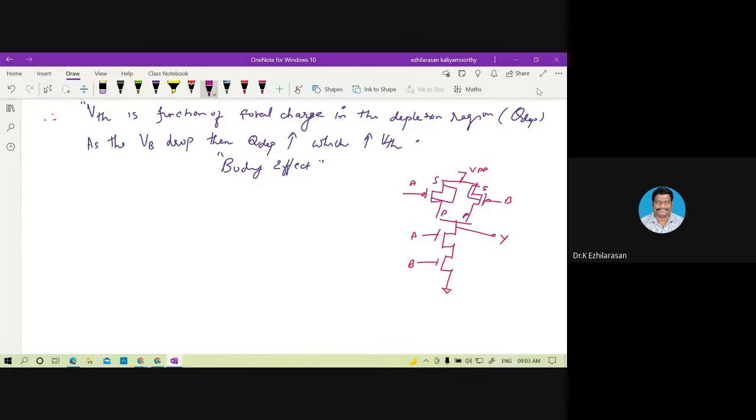Now, for NMOS, the substrate should be connected to the source. Remember that for PMOS, VDD is connected to the source terminal. For NMOS, VSS is connected to the source terminal. Now you can see this is the bulk. If this bulk is connected over here, for example, this will be your VA and this will be your VB.